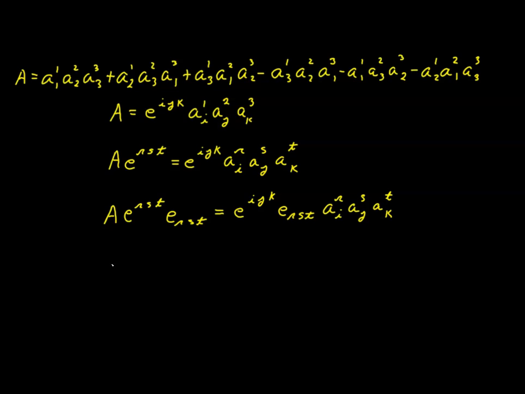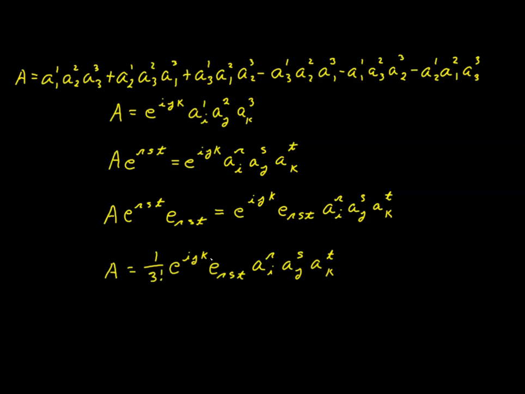It looks like this. A is equal to 1 over 3 factorial, or 6, times E with I, J, K as upper indexes, times E with R, S, and T as lower indexes, and then our 3 factors of A. There's A, R, I, A, S, J, and A, T, K. Alright, now this is finally what we're looking for because, number 1, it has no hard-coded indexes anywhere in the expression, and it's a full contraction.